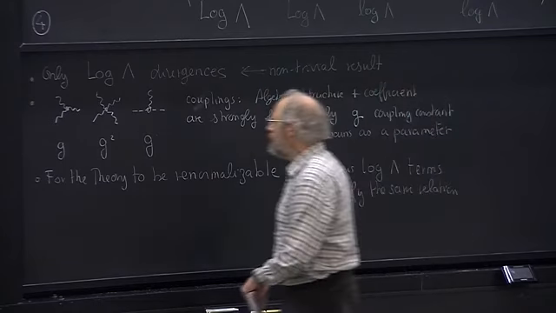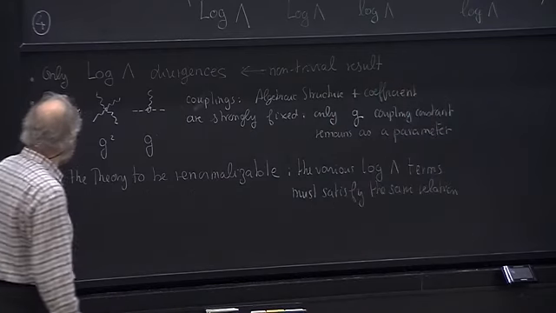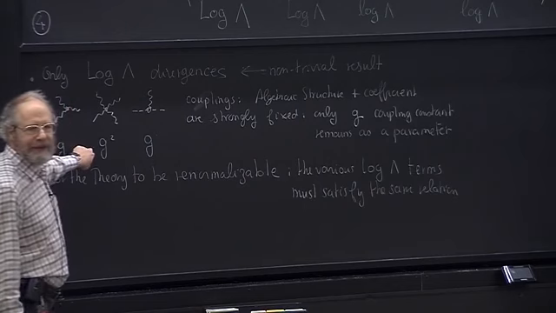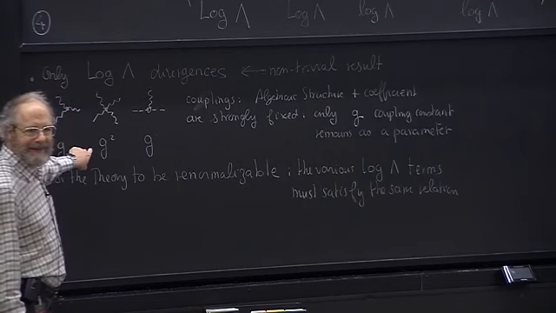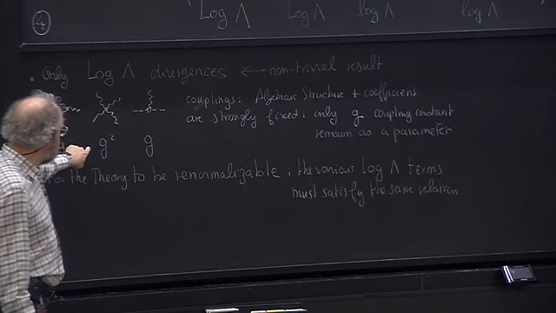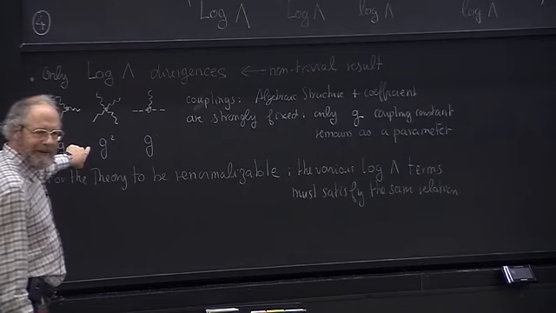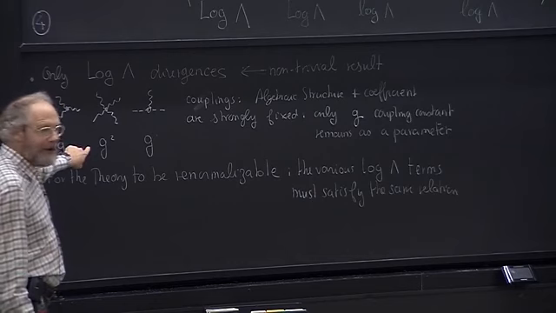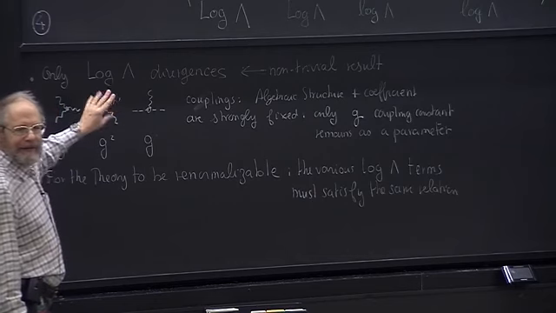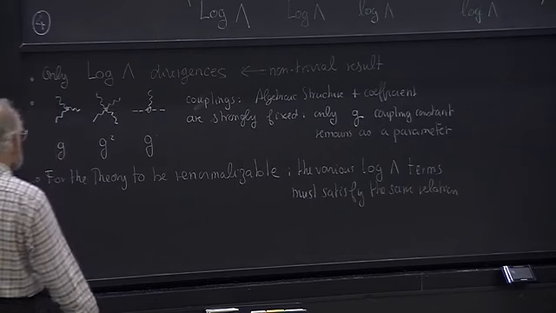If finally at one loop you have a log lambda here and you have a 2 log lambda there, and not the corresponding log lambda, everything fails. Okay.